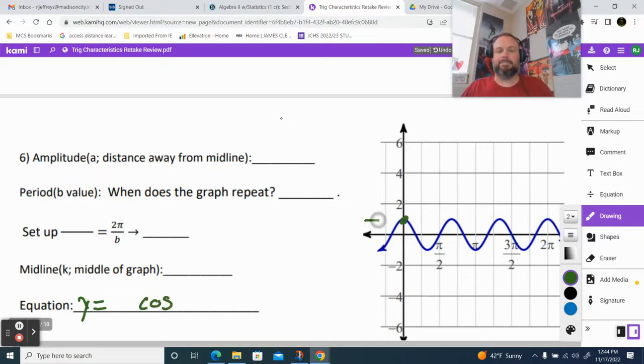This is between 0 and 2, so this is 1 and this is -1. So our midline is 0. Our amplitude is 1.